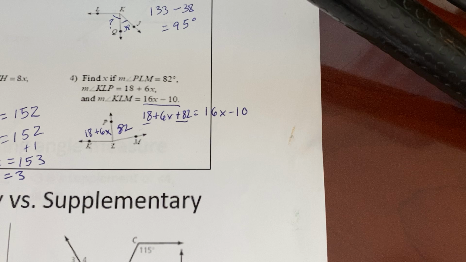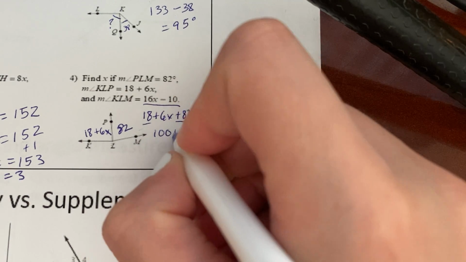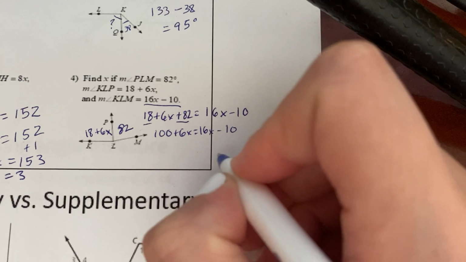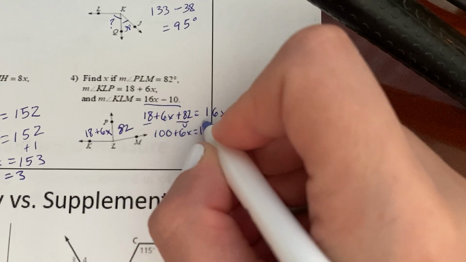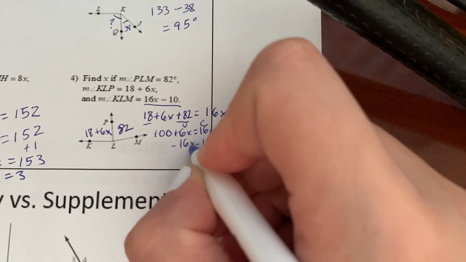So let me do 18 plus 82. And so that gives me 100 plus 6x equals 16x minus 10. I will then move variables to one side, constants to the other, so I'll subtract the 16x on either side.